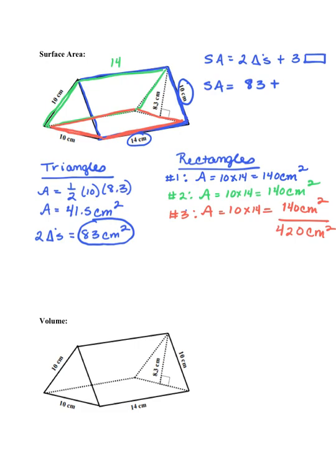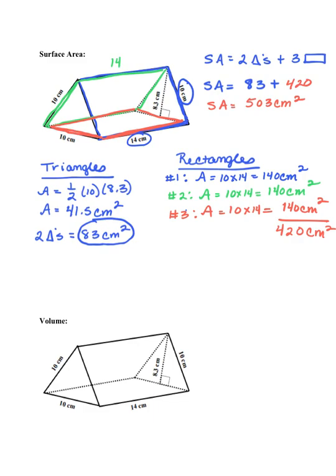And so now we're going to add that to the area of the triangles. And so the surface area of that whole figure is equal to 503 square centimeters.